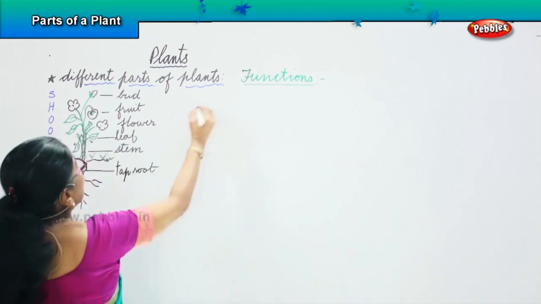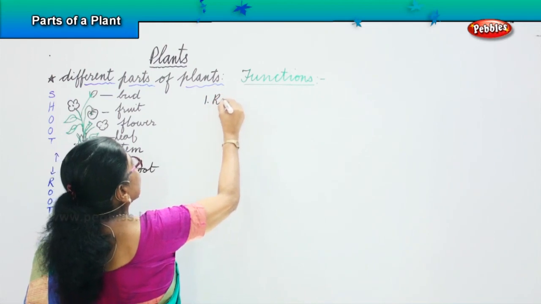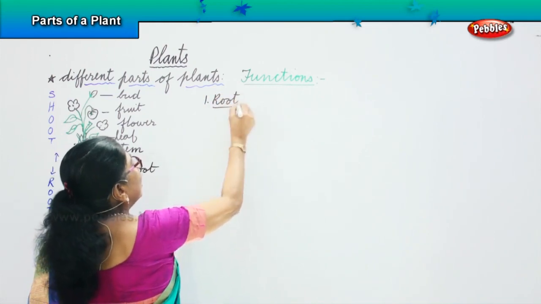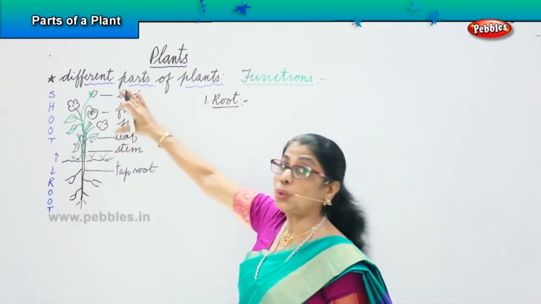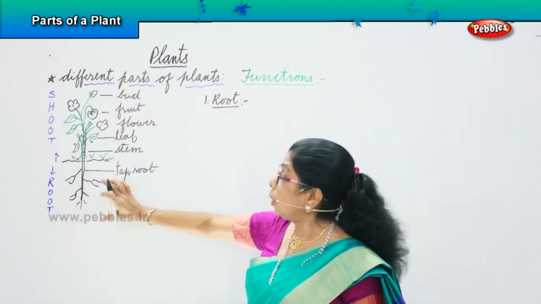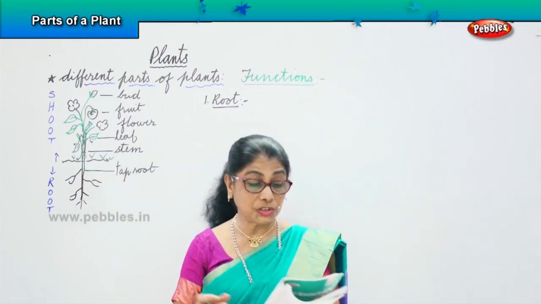Now, first we are going to look at root. What are the functions of a root? The plant has got two parts, root and shoot. Now, what does this root do? What are the functions?